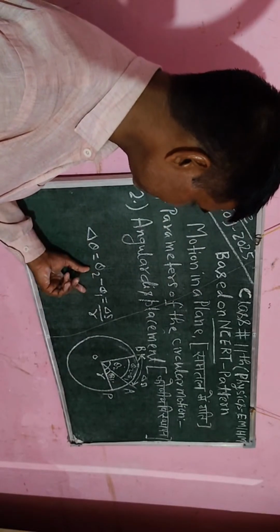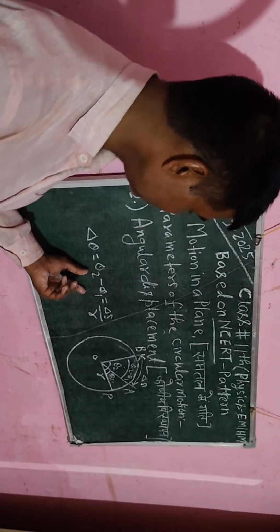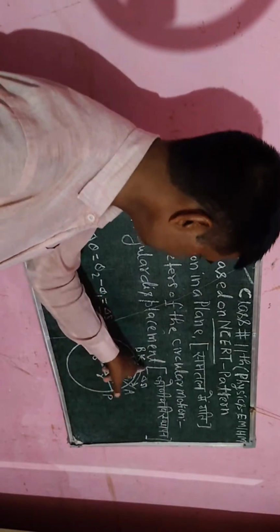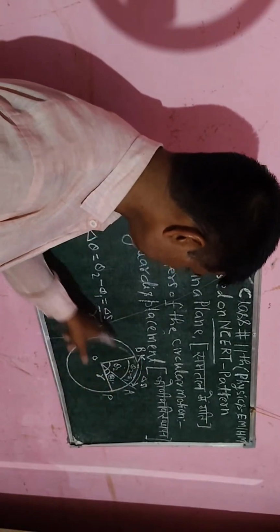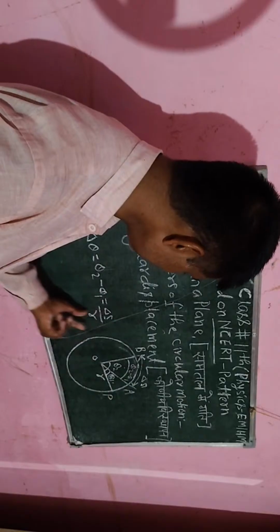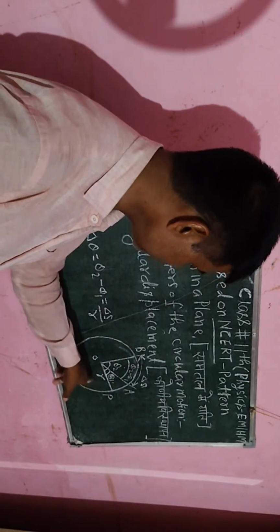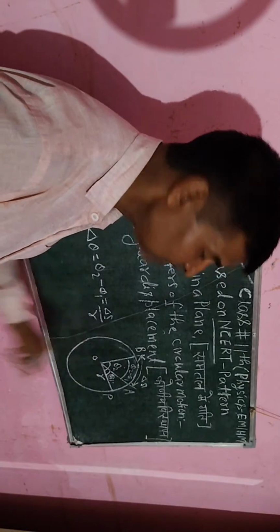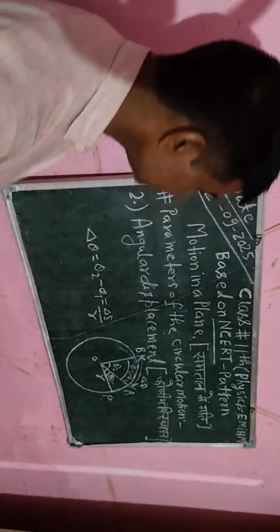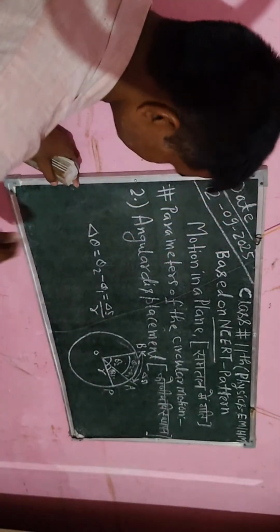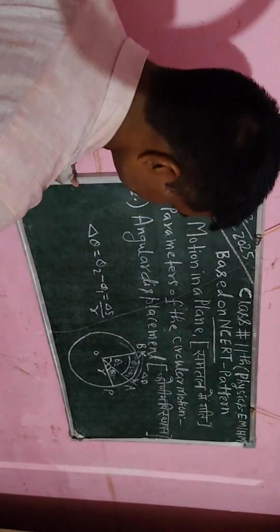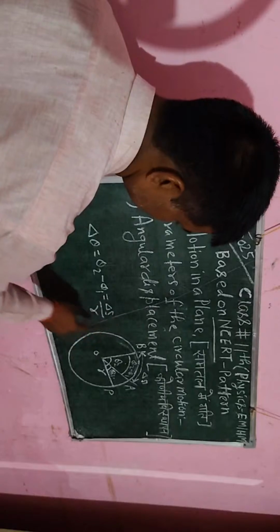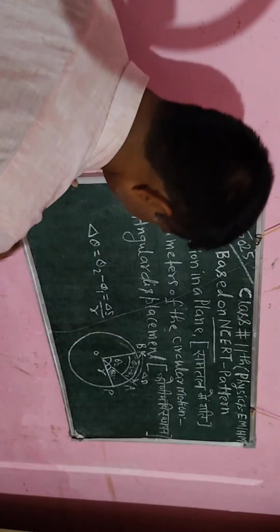This is available in the angle, but I have to put in this part. This is the value of delta s, and this is the value of delta r. This is the radius and this is the linear displacement. So angular displacement is equal to linear displacement divided by radius.